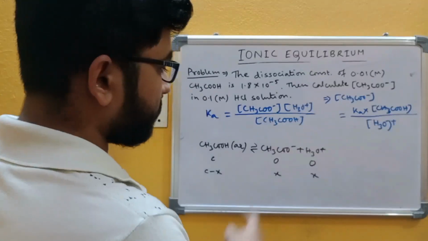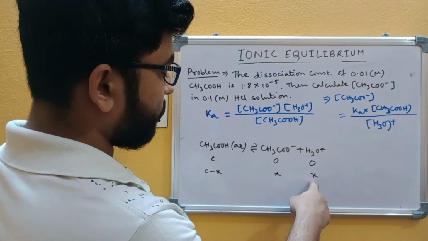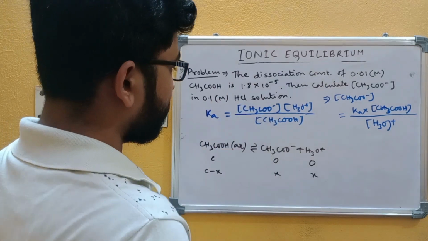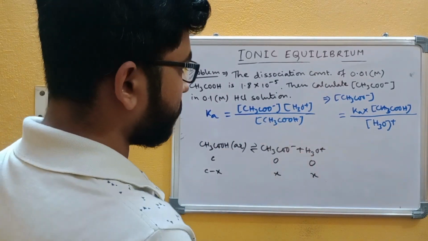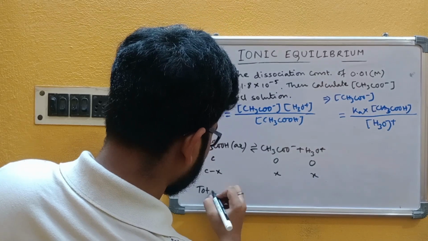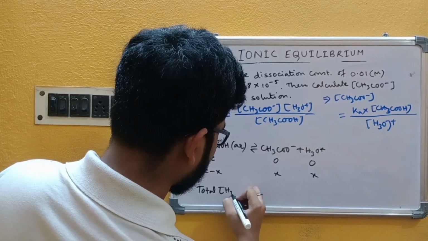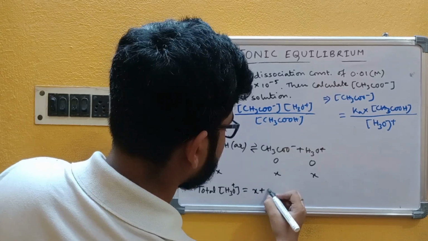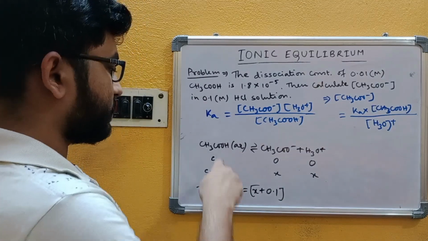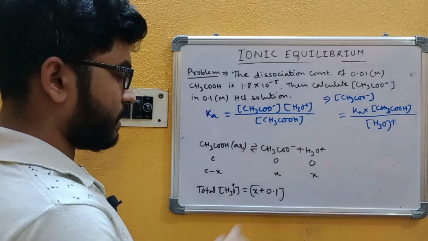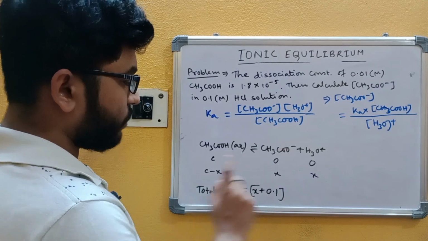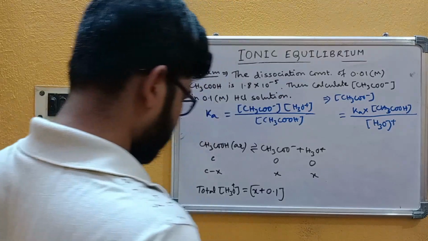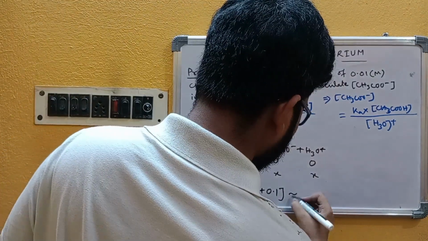Now we can see that in the solution X amount of H3O+ is already present. Then we add 0.1 molar of HCl solution. Then total concentration of H3O+ will be X plus 0.1. As CH3COOH is a weak acid, X is much less than 0.1. So this X can be neglected, then it nearly equals 0.1.